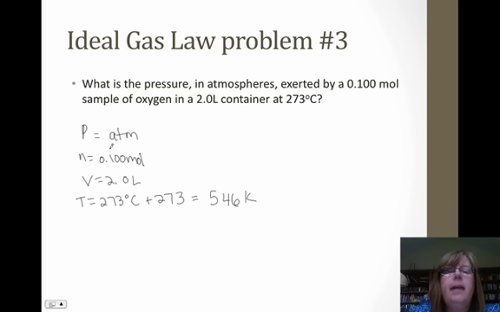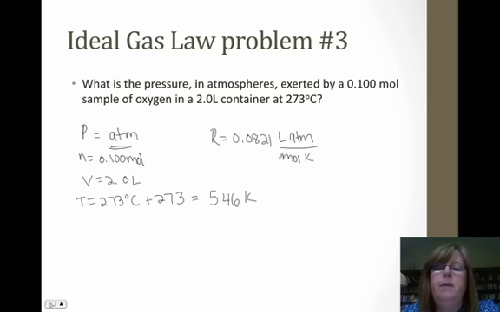So they want our P to be in atmospheres, and so the R that we're going to use is the 0.0821 liters atmospheres per mole Kelvin. All of these R values are given to you on your reference sheet. The way you choose the R is by looking at the unit of pressure that you need, and then you choose the R that has the same pressure unit. All right, so here we go.